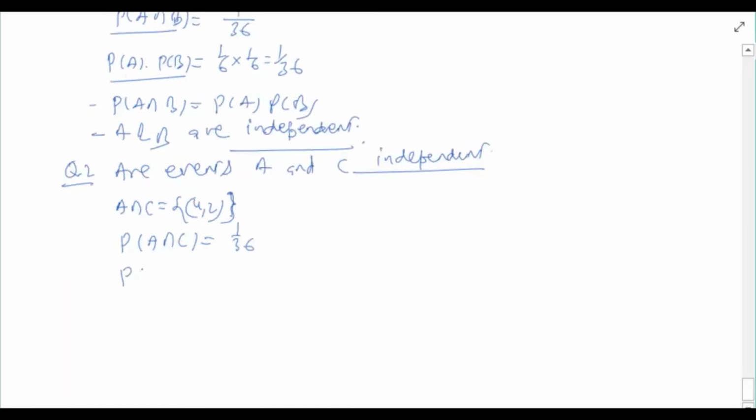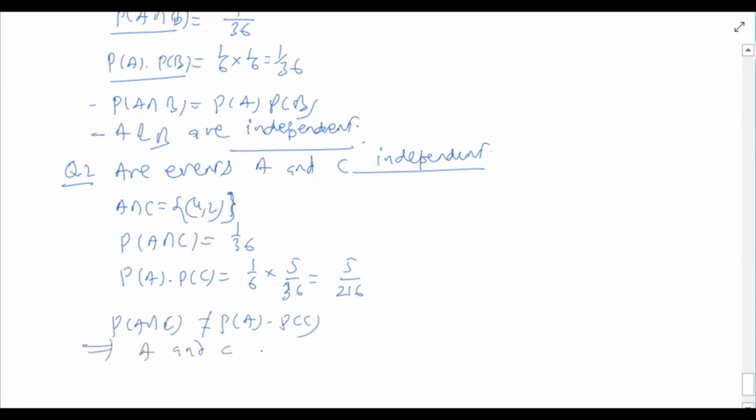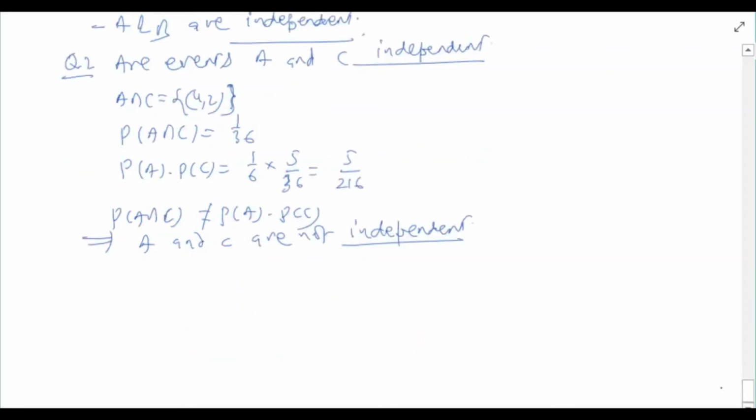However, now probability of A into probability of C becomes 1 by 6 into 5 by 36. This gives 5 by 216. Clearly, probability of A intersection C is not equal to probability of A times probability of C. So, A and C are not independent. Similar calculation reveals that B and C are also not independent.